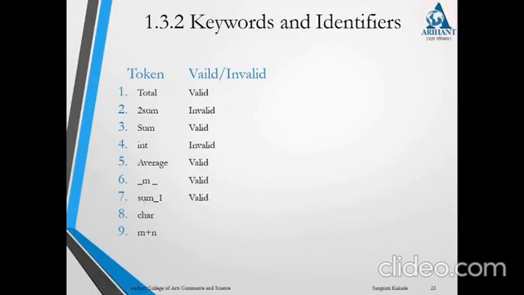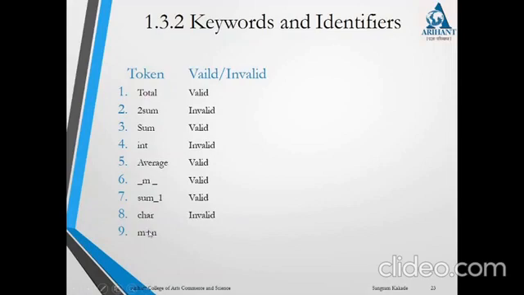Okay. Now next is char. Char passes most of the rules, but as it is a keyword, it is invalid. Next is m plus n.